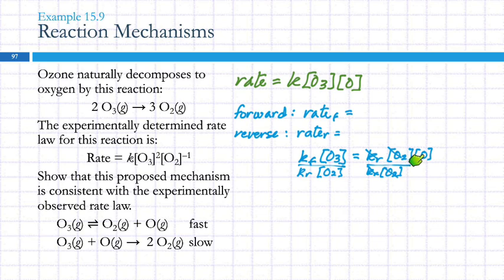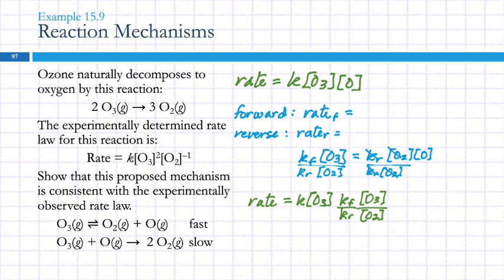So the concentration of O is equal to this ratio of rate constants times O3 over O2. Now I'm going to take my slow reaction rate law, which had O3, and instead of this O, I'm going to plug this in: K forward over K reverse times O3 over O2.